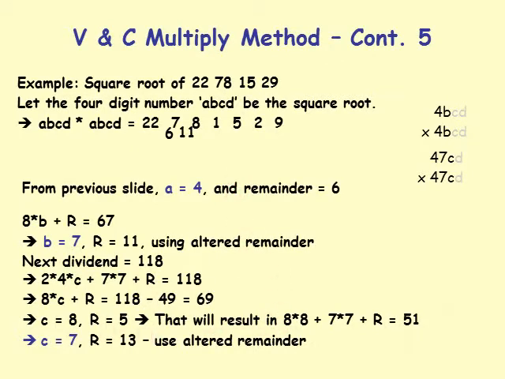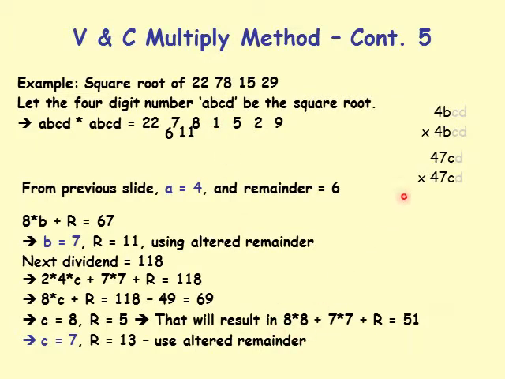If I use 8 for c, so c becomes 8, the next step, we would be multiplying these numbers together. If we use c is equal to 8, r equal to 5, then the remainder will be 5 here, so the next dividend will be 51.